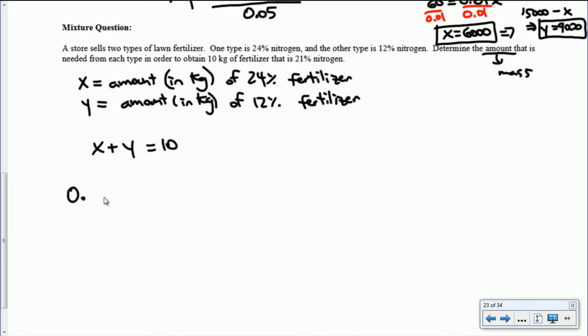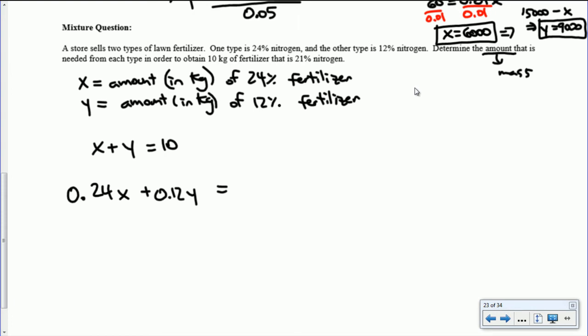So to take a percentage, I do the percentage as a decimal, so 0.24x. Again, if it was 10 there, I would reach 2.4 kilograms. But we need some of the other type, which is 12%, so 12% of the other type. And I need to reach 2.1 kilograms of nitrogen, right?